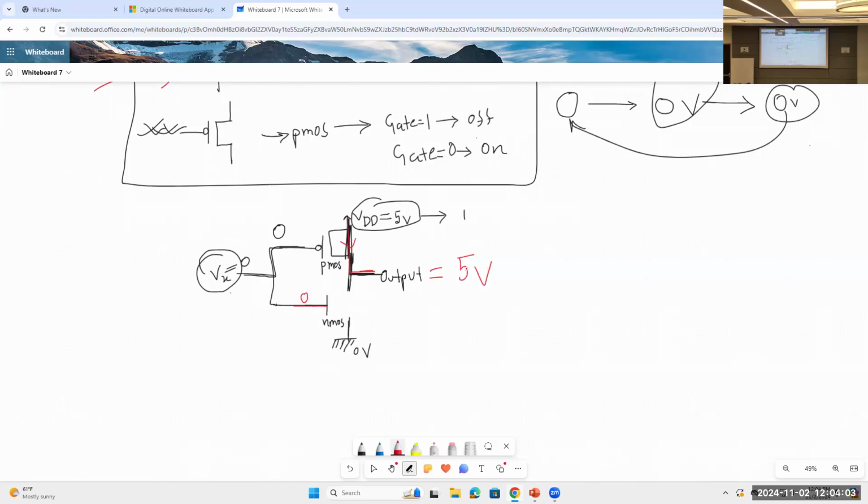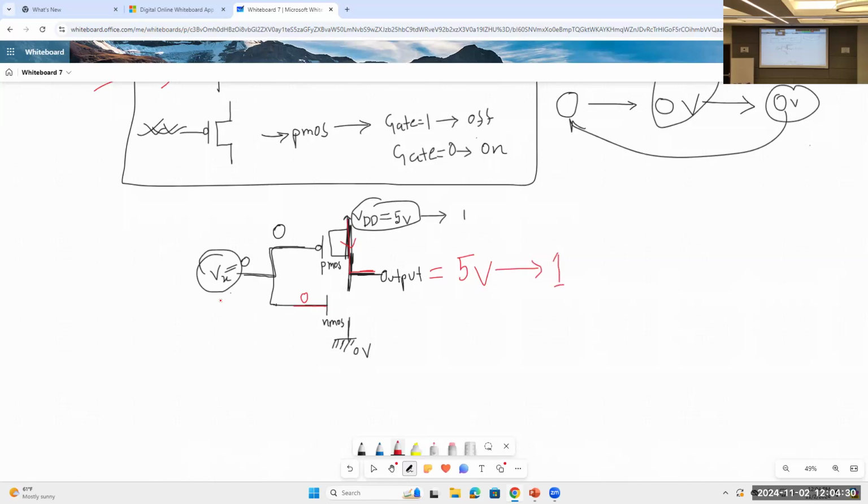So have you understood the operation? It's simple, because if we insert 0, then the NMOS is off and the PMOS is on, and output will be connected to the VDD. So output here, VDD, is 5 volt, and we treat it as logical 1.